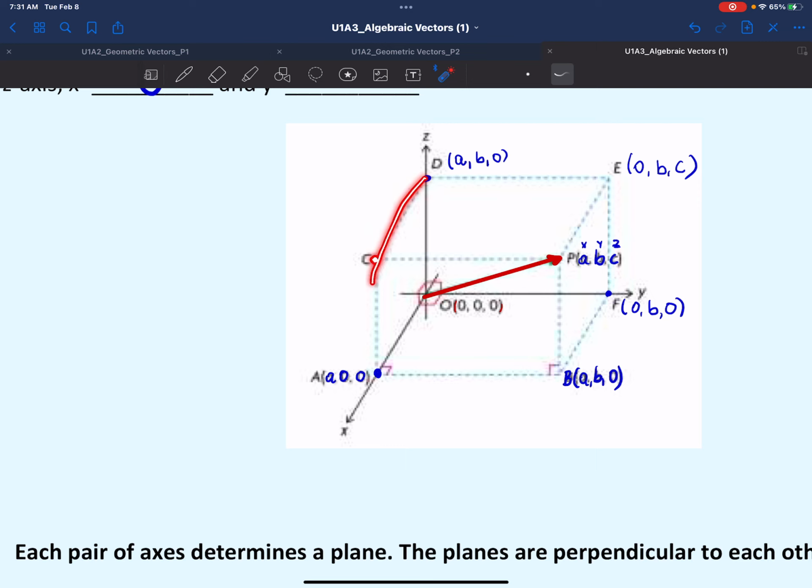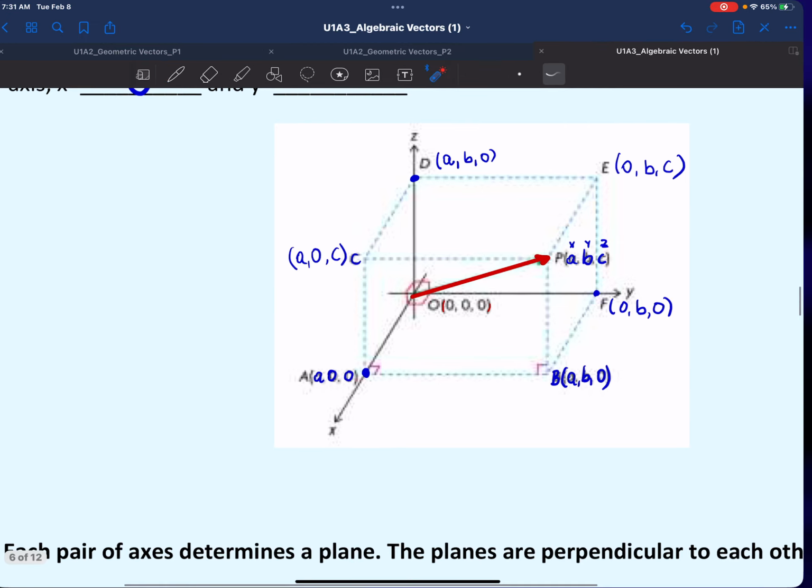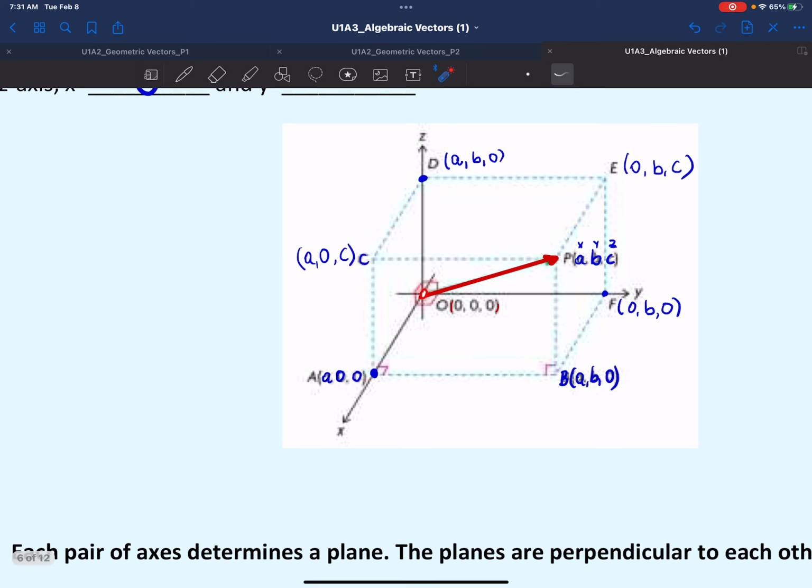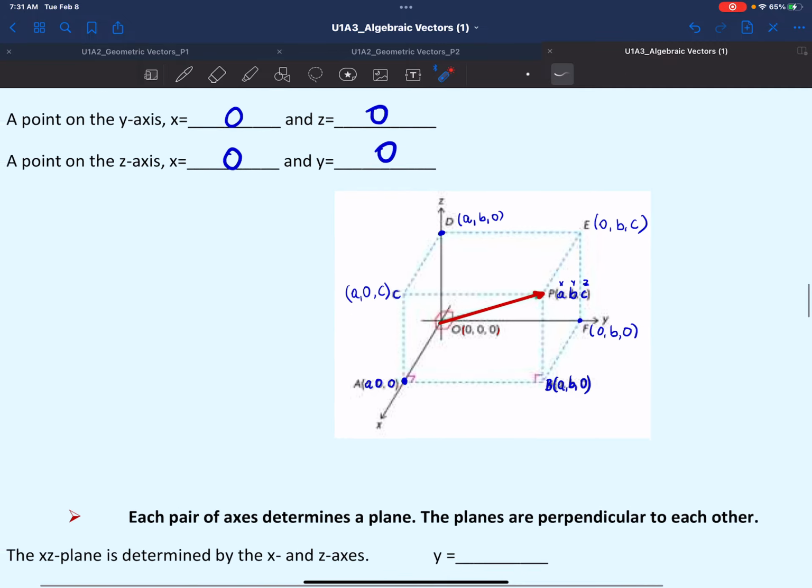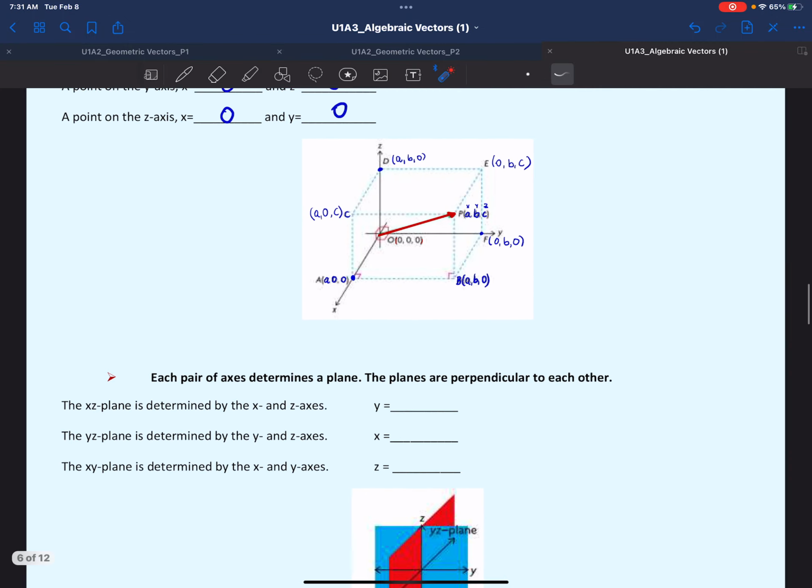The point C is on the ZX plane, which means the Z and the X will be different than 0, so A and C, but the Y value is 0. Let's check and see if we had gotten all the points. So 1, 2, 3, 4, 5, 6, 7, 8, we got everything. So this is how we determine the coordinates in 3D.